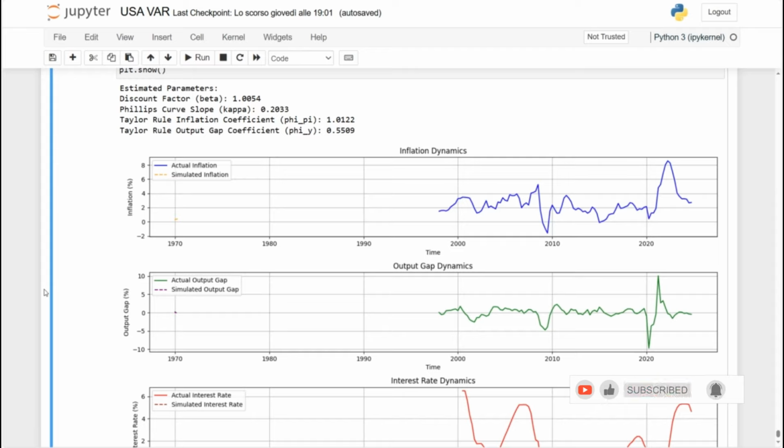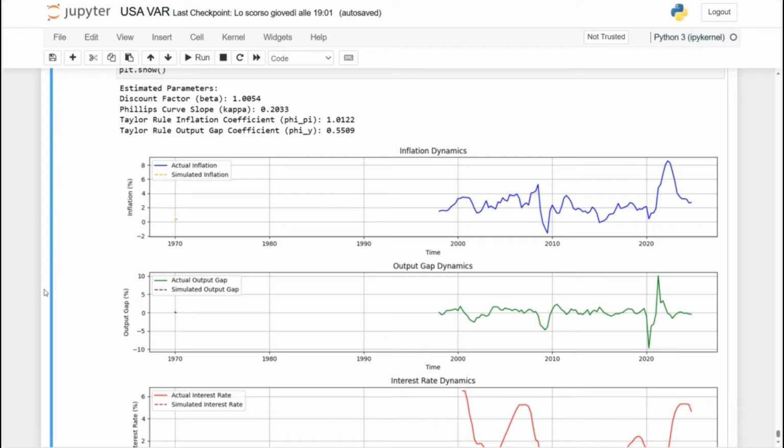What the Phillips curve tells me is that if there's a positive output gap, inflation goes up by 0.20%. This means that when you have full employment, there is inflationary pressure, and the coefficient by which inflation goes up is 0.20%.